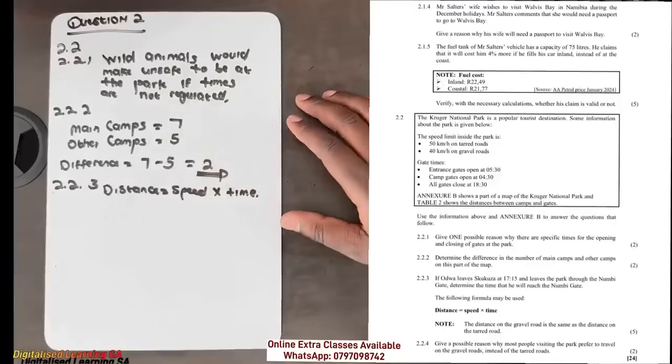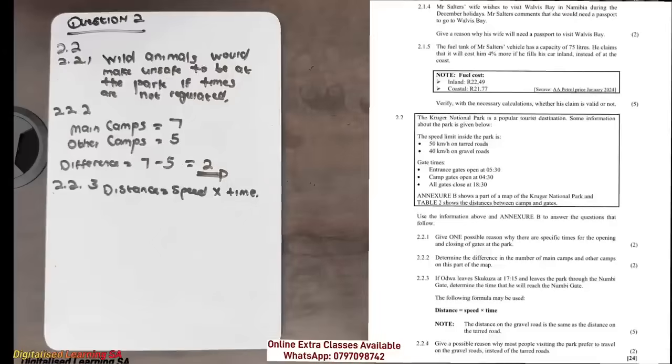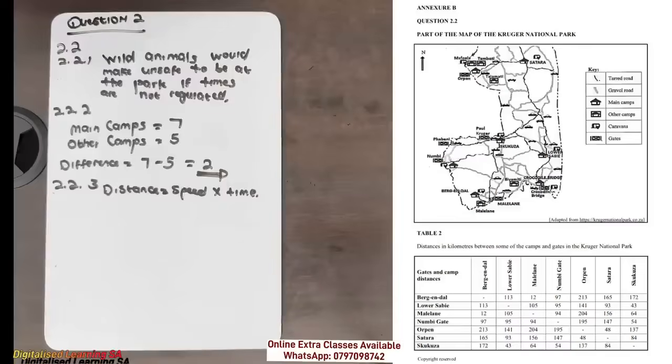So they are saying that if Odwa leaves Skukuza, we will be looking at Table 2. We can see that there is a column for Skukuza. They're saying that if Odwa leaves Skukuza at 5:15 and leaves the park through the Numbi gate, there is a column for Skukuza and there is a row for Numbi gate.